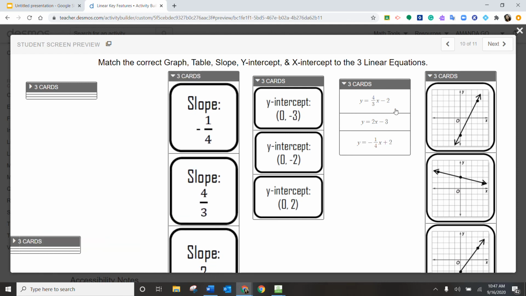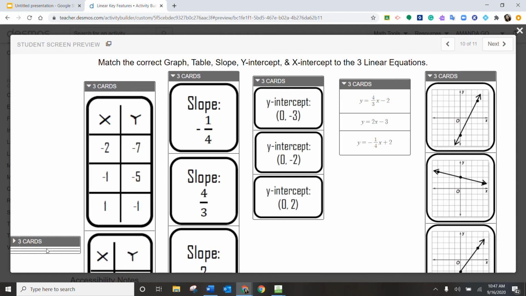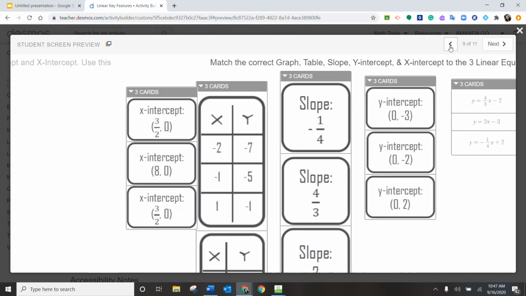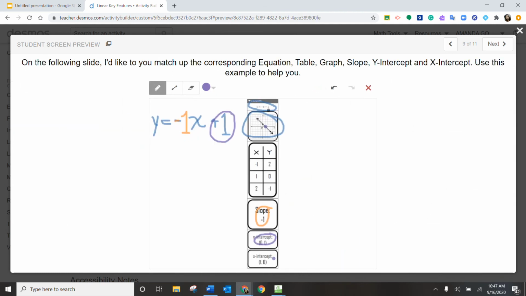If you are able to recognize your slope and your y-intercept, and you want to match all those 3 together, you can. It doesn't matter the order, just as long as you get all of these correctly matched up, just like I showed on the previous slide here, okay? So the equation has to match the graph, table, slope, y-intercept, and x-intercept.